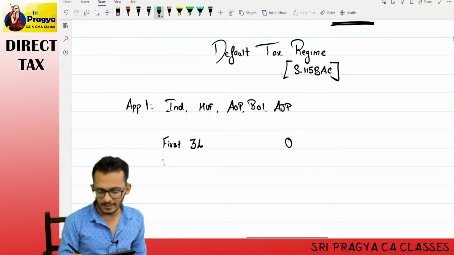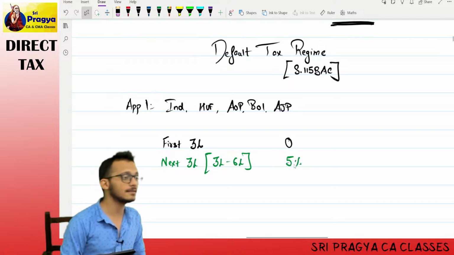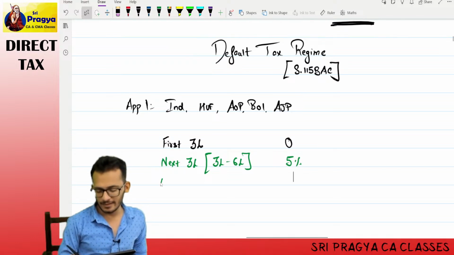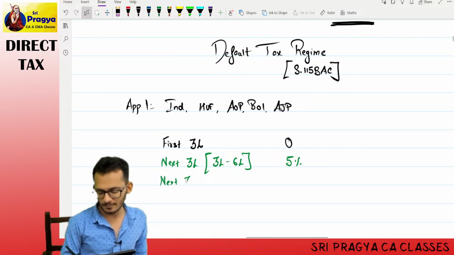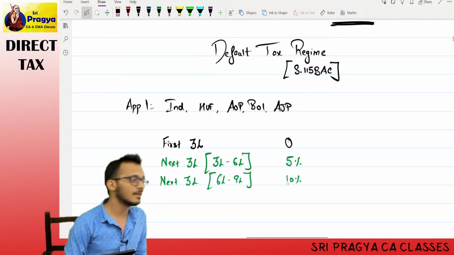Then they come and say, next 3 lakhs, meaning tax is 5%. Tax is 5%. Then they say, next 3 lakhs, meaning, guess, 10%.